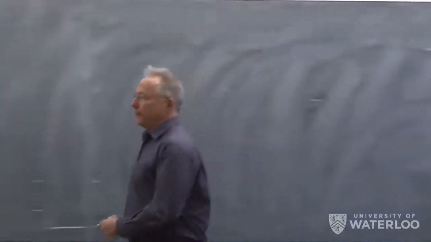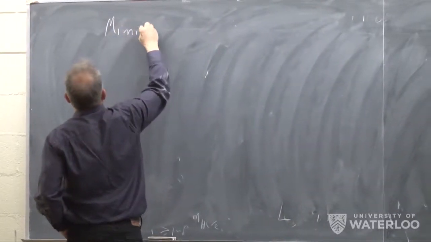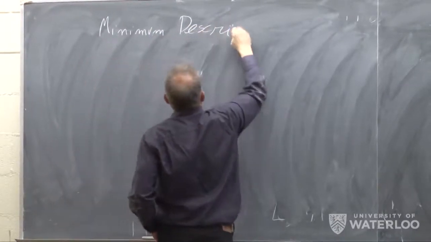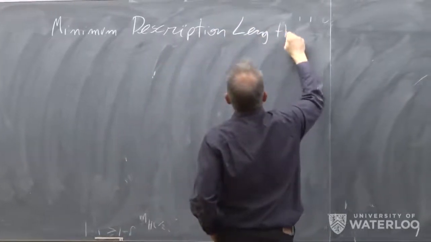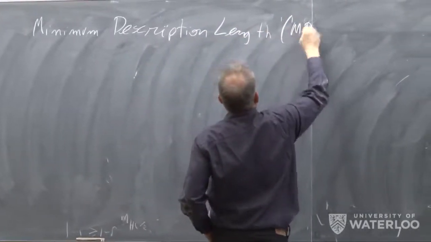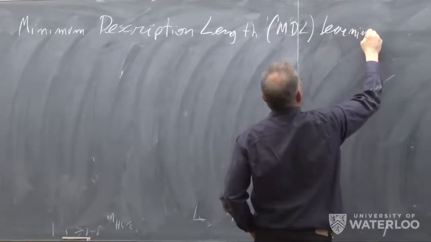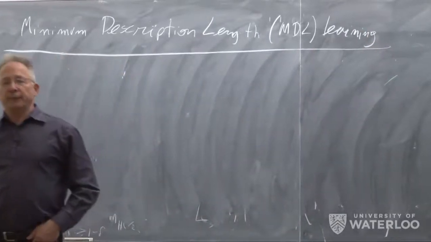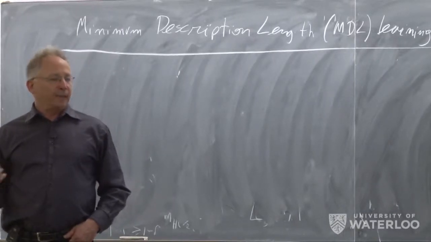So this is called minimum description length learning, MDL learning. And the idea is that if I have a collection of hypotheses, I want to describe every hypothesis.